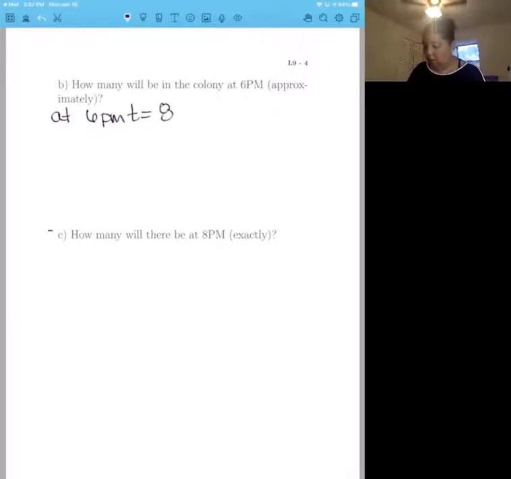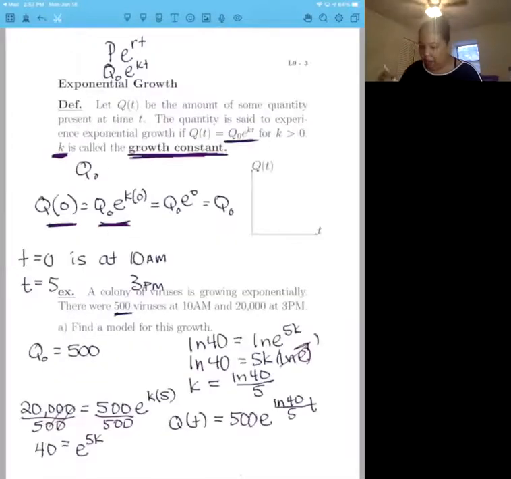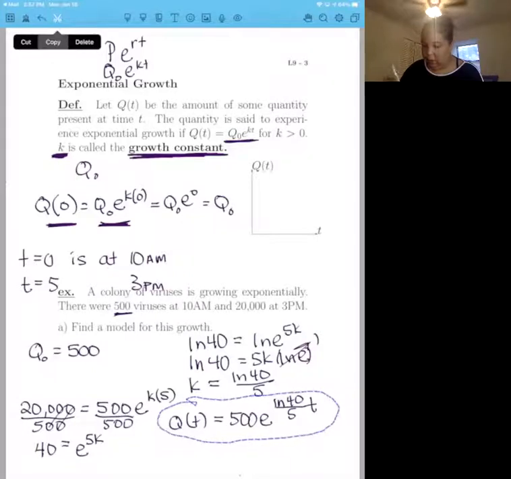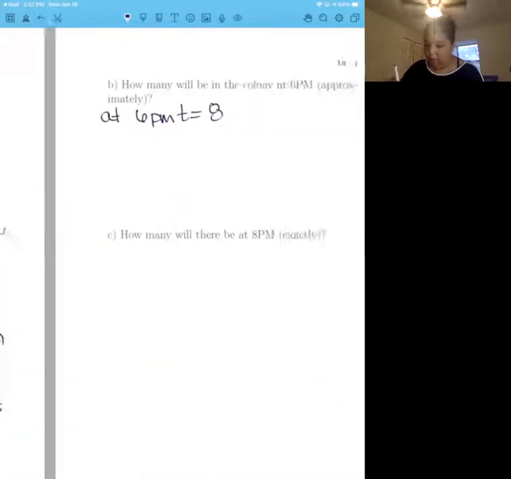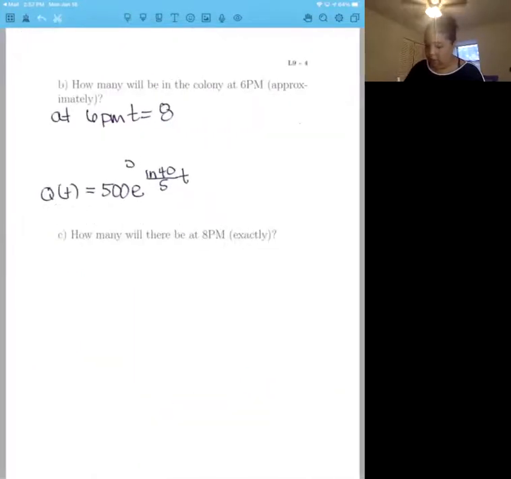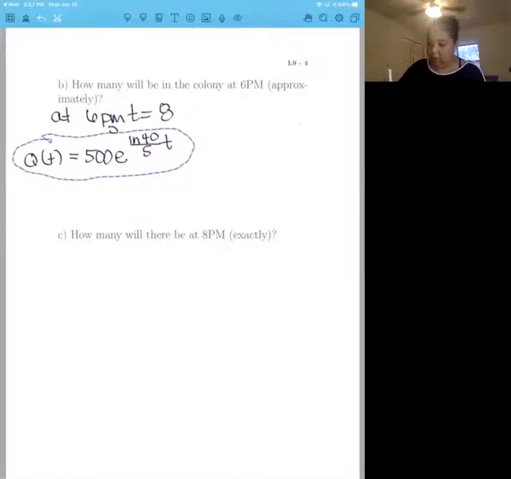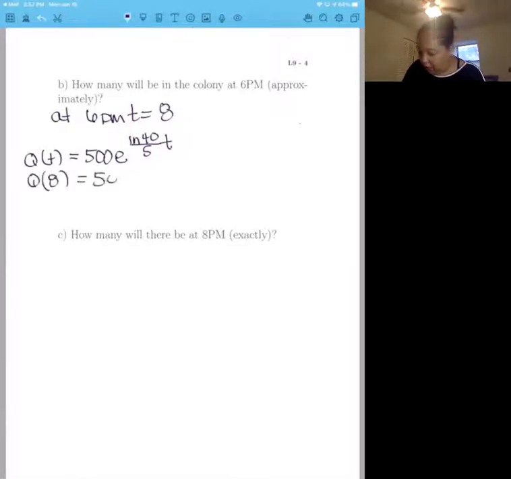All right, so let me copy this, and we just want to find Q of 8. So Q of 8 is equal to 500 e to the natural log of 40 over 5, times 8.